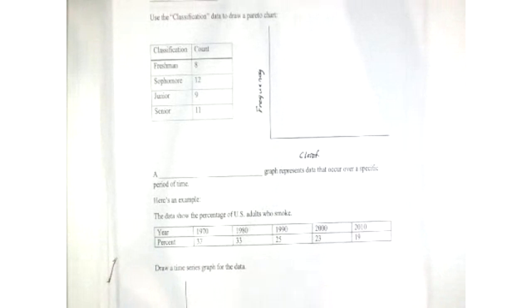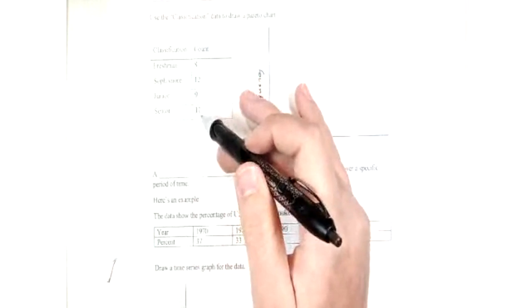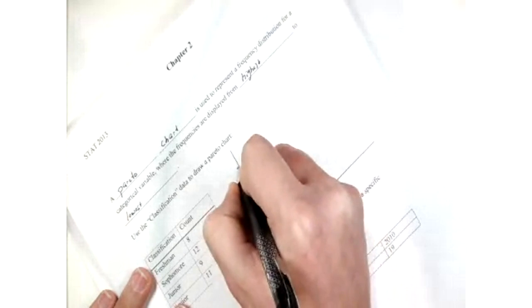So, what we want to do is look at the class that has the highest frequency and then go down from there. So, again, I made the y-axis scales of 3. So, the first classification we're going to have is sophomores, because sophomore has the highest frequency.